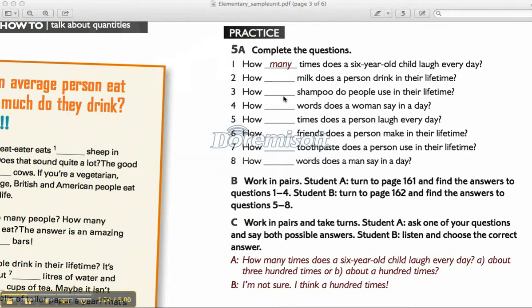It's a very restricted exercise which lets the teacher see whether the learners have actually understood the difference between how many and how much. And so this is a good time for what we call hot feedback, which basically means if the learner is off track, the teacher can correct them right away.